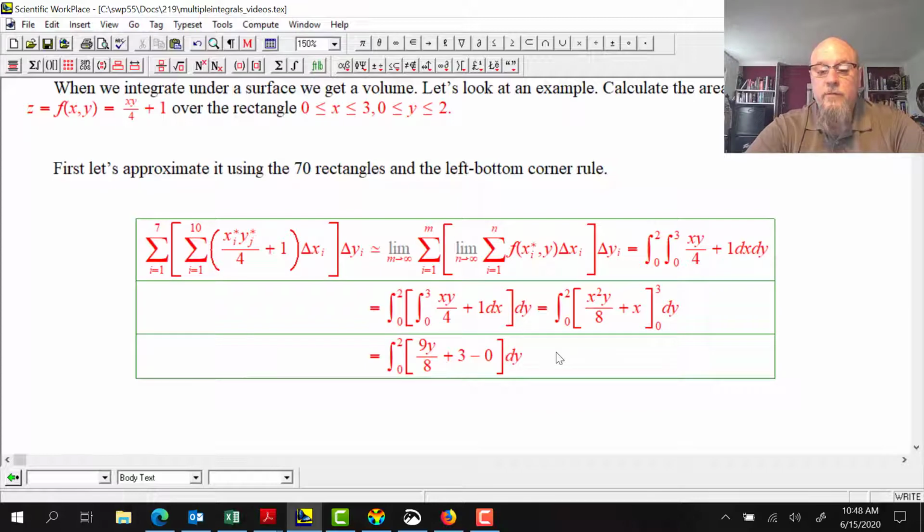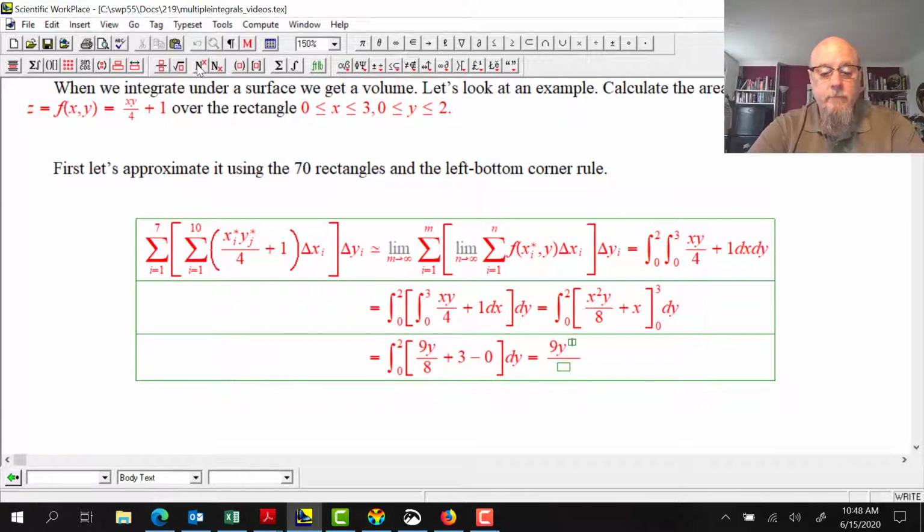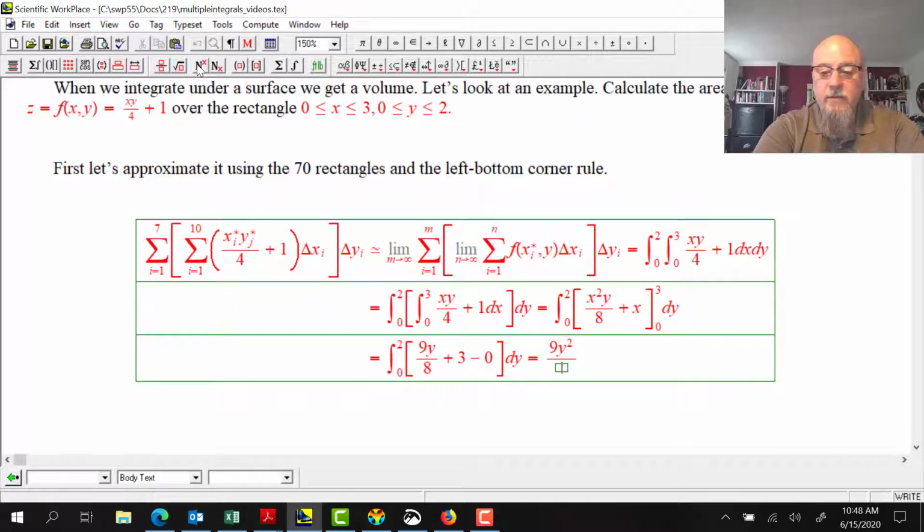Now what's left over is just plain single integration with respect to y. So integrate the y: that's going to be 9y squared over, add 1 to the exponent, divide by what's up top, plus that 3 is going to be integrated to 3y.